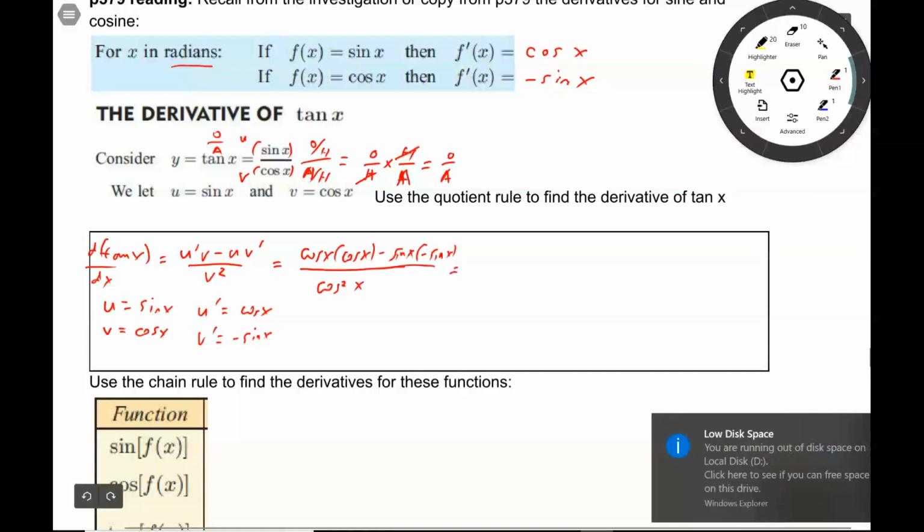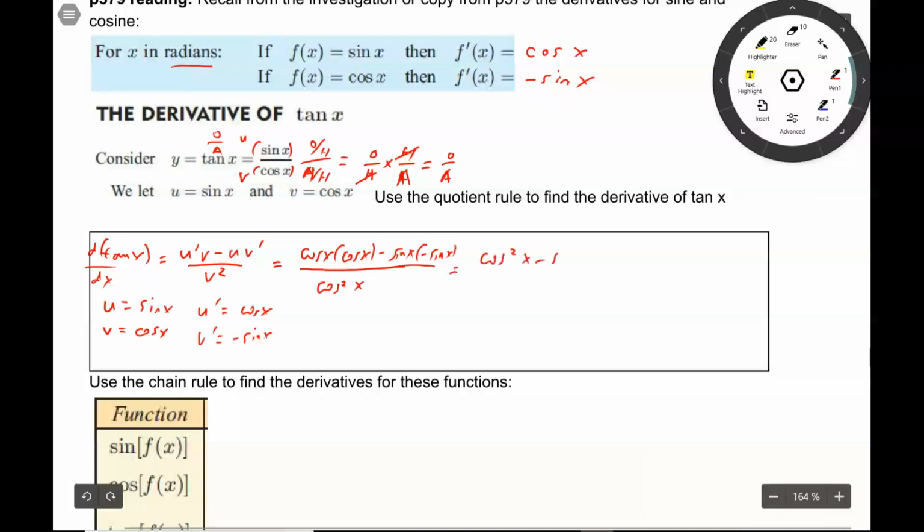So if we expanded this, it would be cosine squared x minus sine squared x, or plus sine squared x, right? Divided by cosine squared x. And cosine squared x plus sine squared x equals 1 because of Pythagorean theorem. And so it would be 1 over cosine squared x, right?